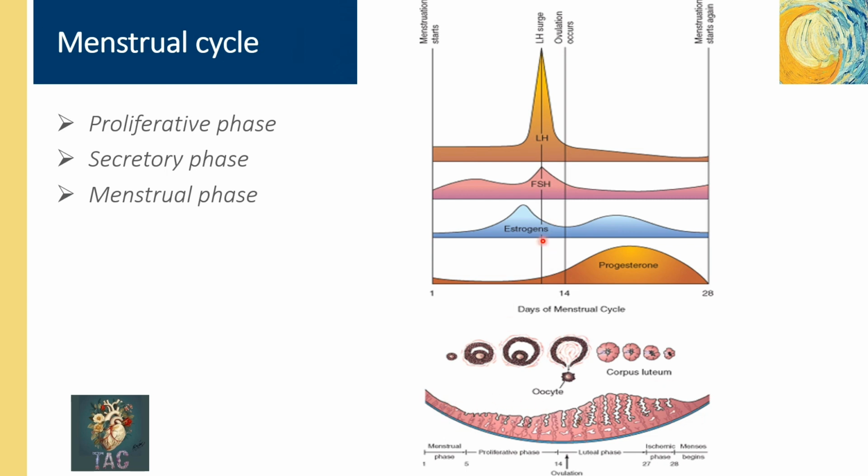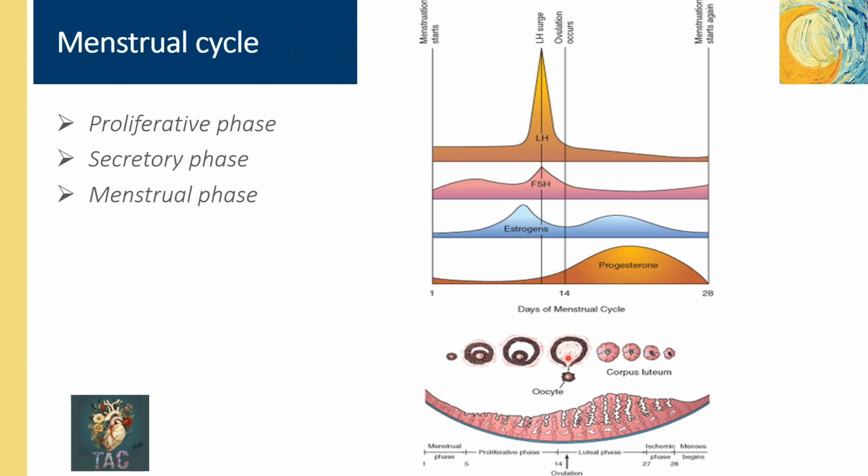The first half of the menstrual cycle is the proliferative phase, and in this proliferative phase, under the effect of the estrogen hormone, there is proliferation and development of the endometrium. The endometrium regenerates itself, its glands start to develop, and it shows these changes. There is a fluid, and there is development of the blood vessels as well.